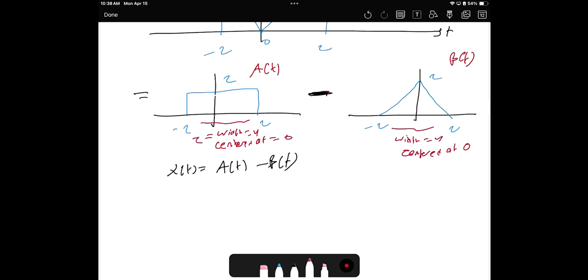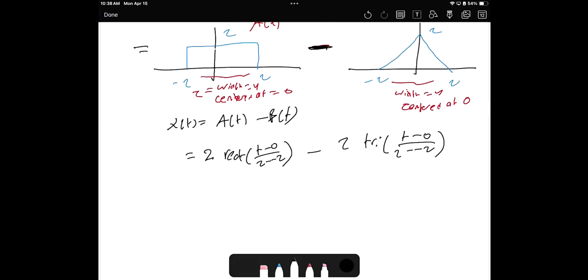So I can substitute A of t as the amplitude 2 times rect of t minus 0 over 4, minus 2 times the triangle of t minus 0 over 4. As a result, the time domain x of t will be 2 rect of t over 4 minus 2 tri of t over 4.